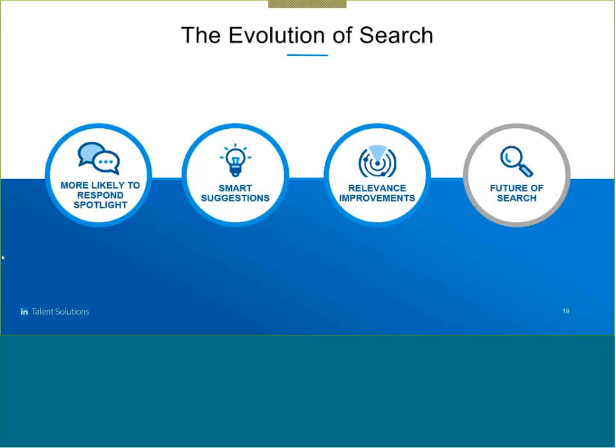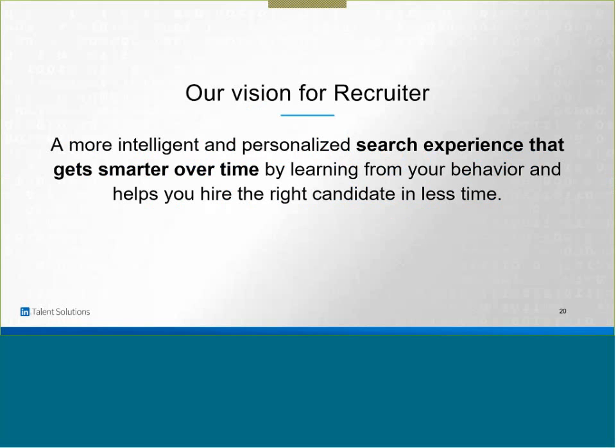And these examples are really just the beginning of that journey. We've a pretty bold and audacious vision for the future. If we think about our vision for Recruiter, we want to create an even more intelligent and personalized search experience that gets smarter over time by learning from your behavior and helping you to hire the right candidate in less time.